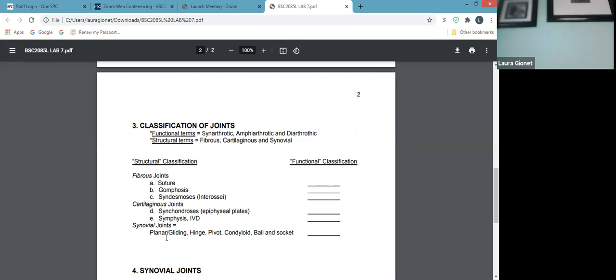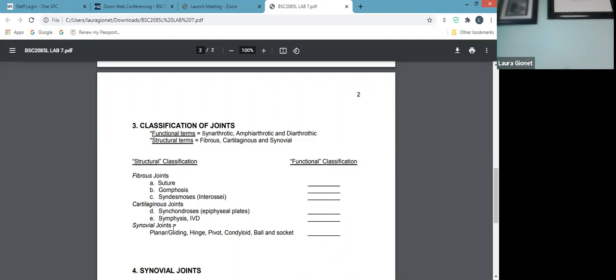Right, the rest of the synovial joints, be them a planar joint, a gliding joint, a hinge joint, a pivot joint, a condyloid, a ball and socket, they are all functionally classified as a diarthrotic joint.